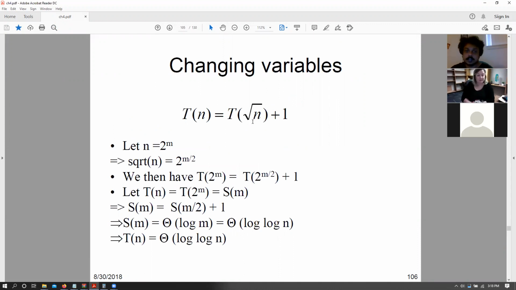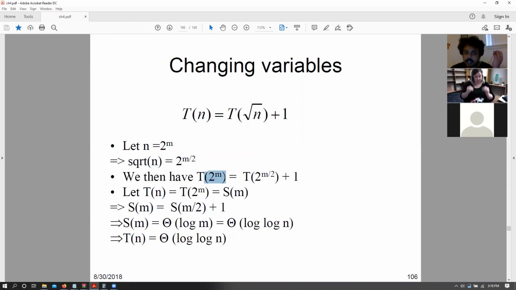Let's look at T(n) = T(square root of n) + 1. Again, this is not the traditional master method base case, but we'll see if we can replace some values and apply the master method. So let n = 2^m. We are going to assume that this is the case. So the square root of n is 2^(m/2).